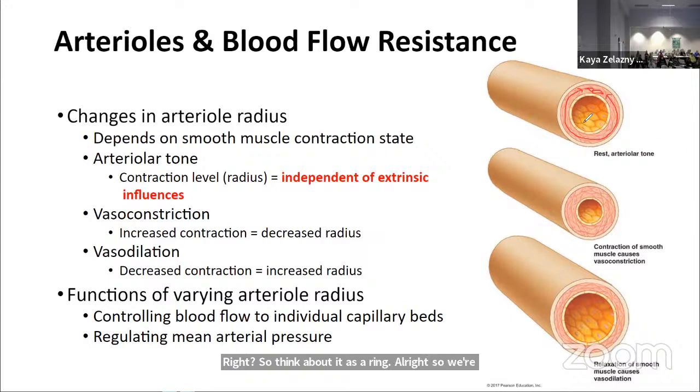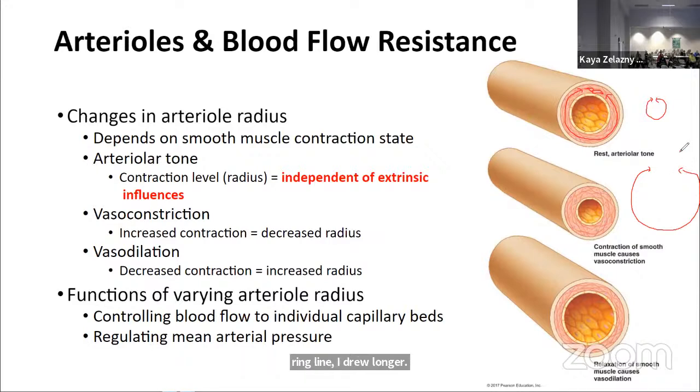So when it contracts, that ring gets smaller. That line with arrows I just drew gets shorter, meaning the ring gets smaller. Smaller line, that's the contracted state. The relaxed state is going to be larger. If we make that ring line I drew longer, we get a bigger blood vessel.